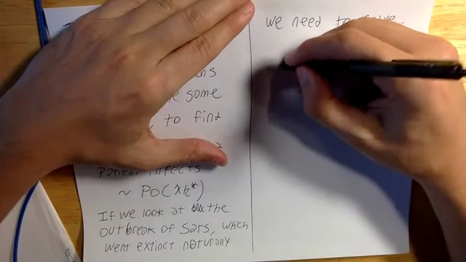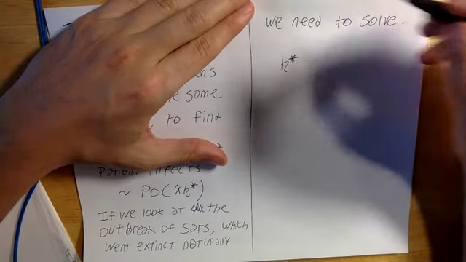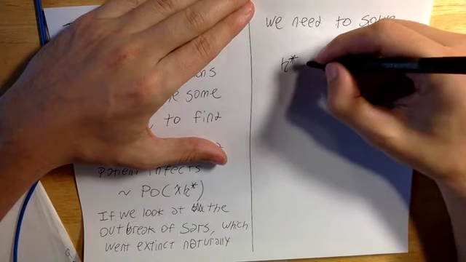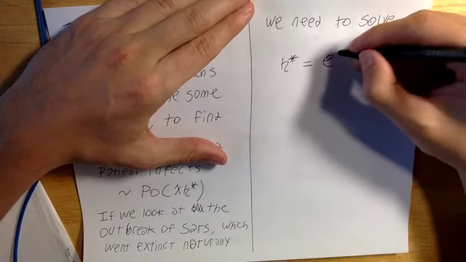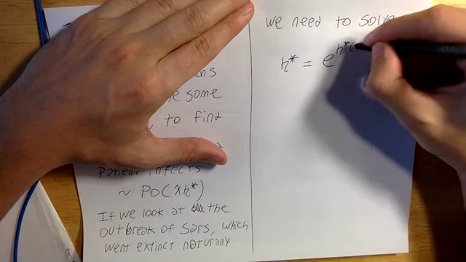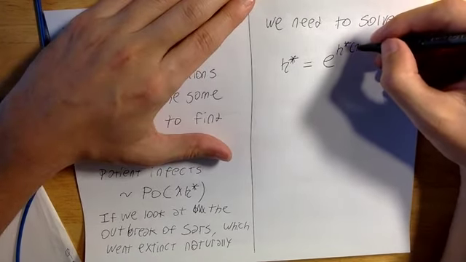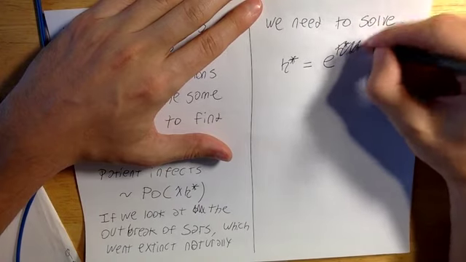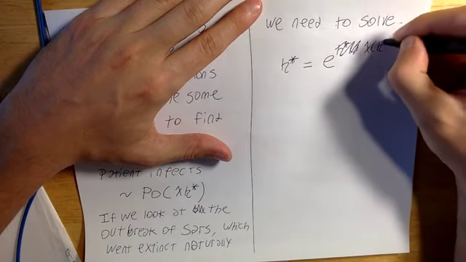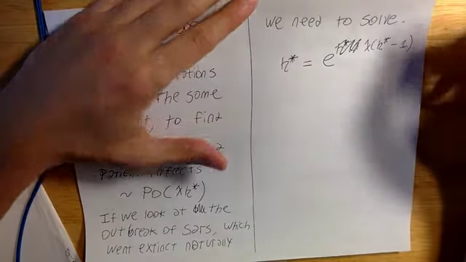Eta star is the solution to e to the lambda eta star minus 1.